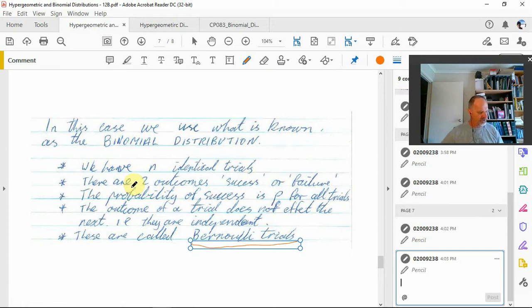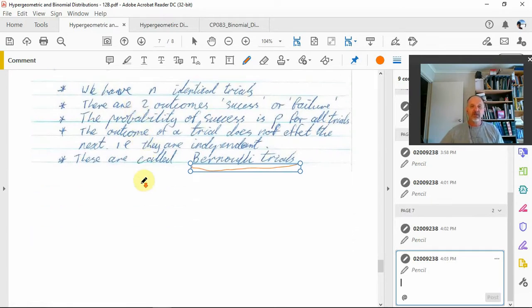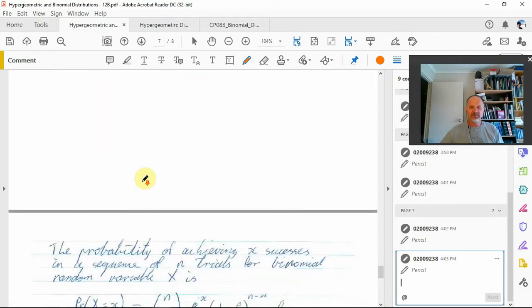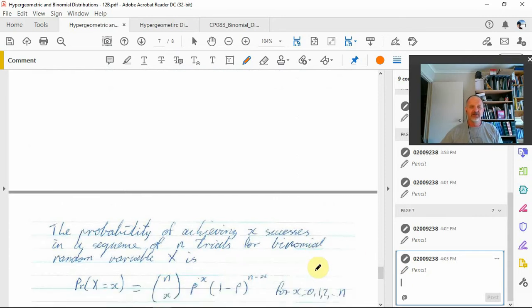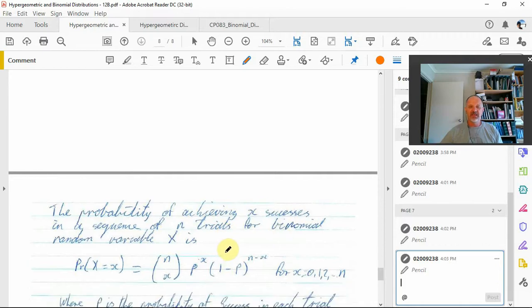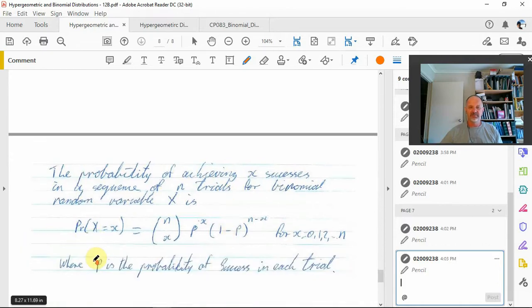So the probability of achieving x successes in a sequence of n trials, for a binomial random variable X, is given by this. The n above x says how many times this might occur. p to the x is the probability of success, how many successes.